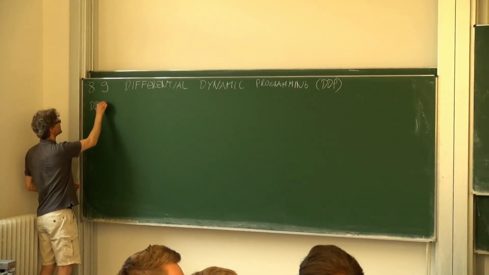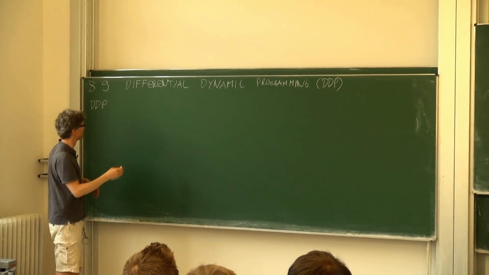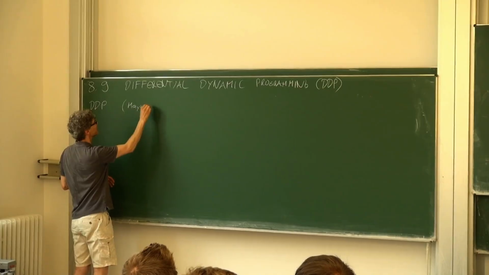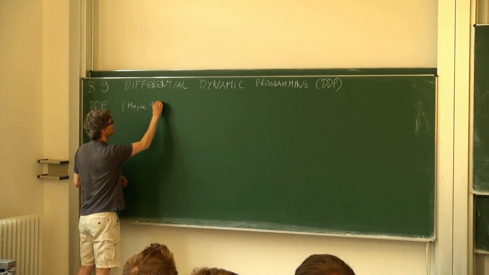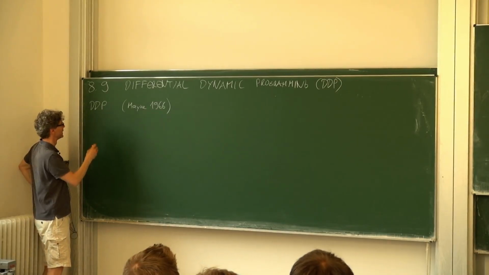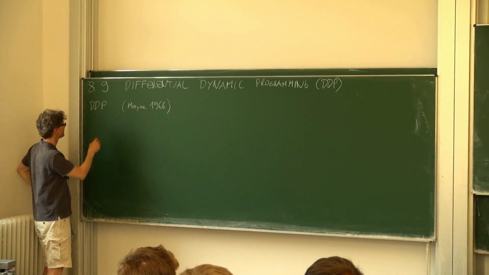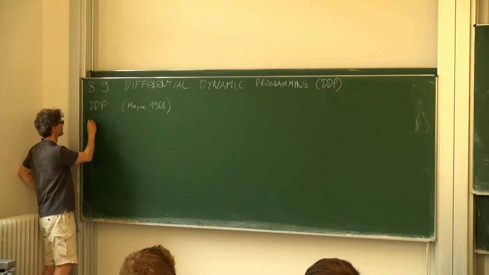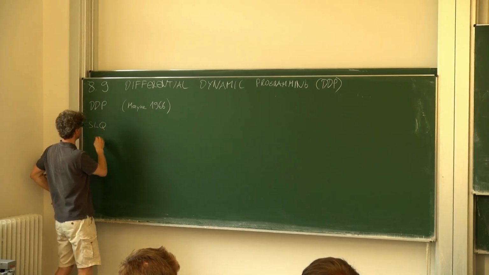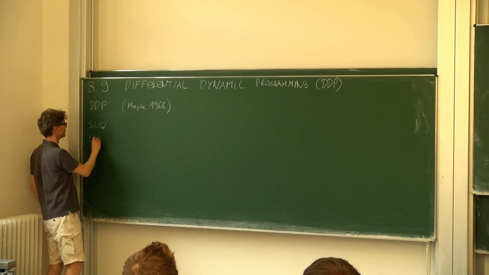DDP, as I said, is like the original algorithm. That's something that's going back to Mayne, 1966. It's a very old paper. Then there are some much more recent papers. There is one algorithm that is related. It's called SLQ. And there is also an algorithm ILQR.